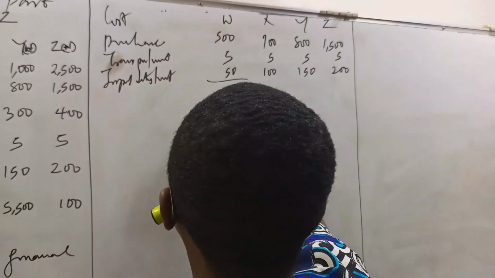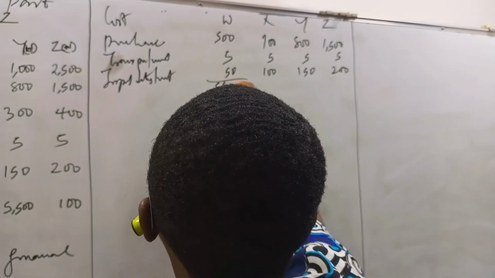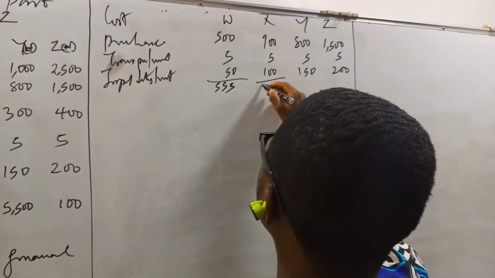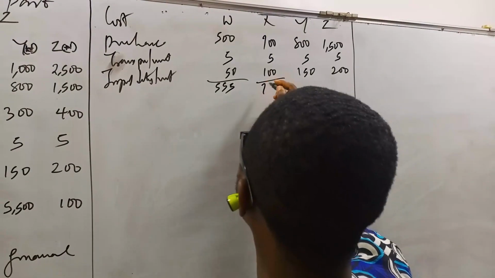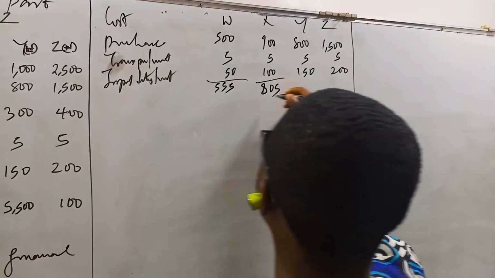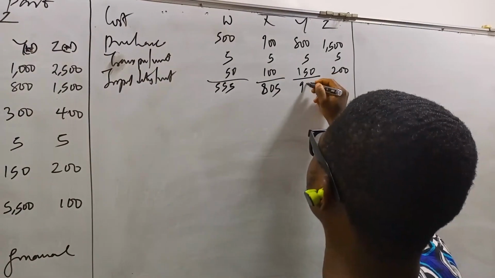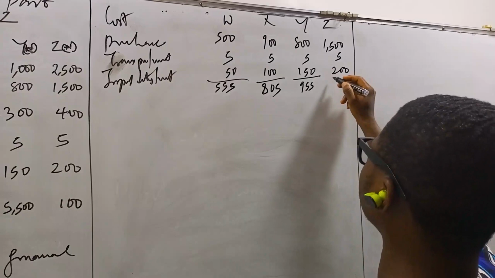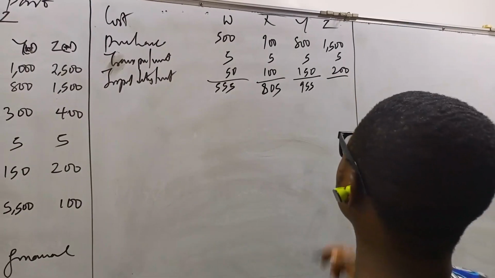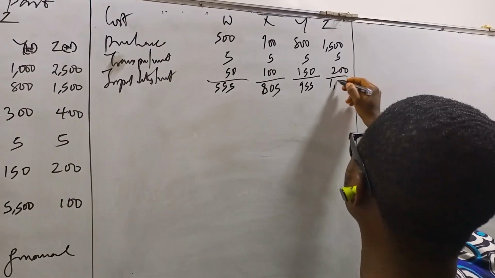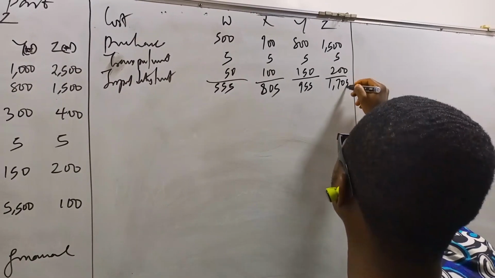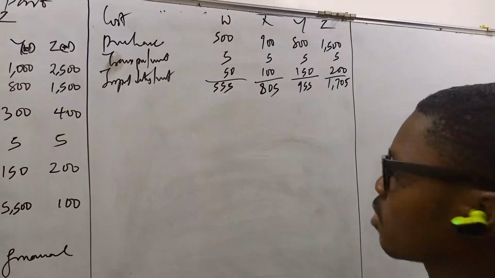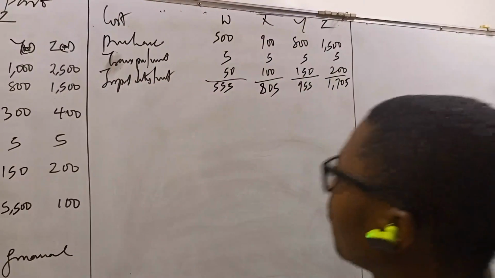So this will give us 555 naira. This will give us 805 naira. This will give us 955 naira. This will give us 1,705 naira.